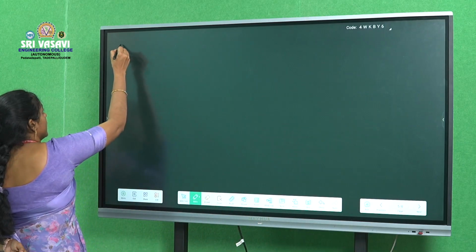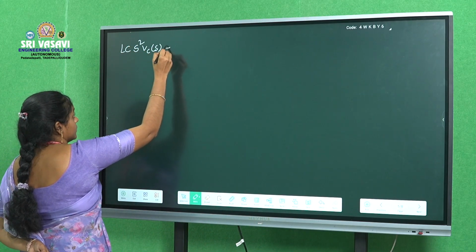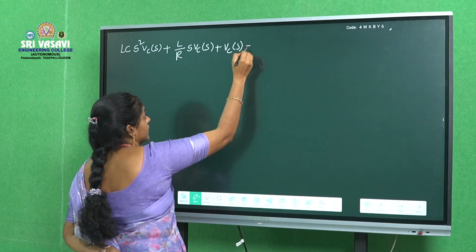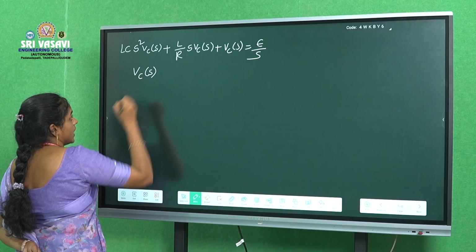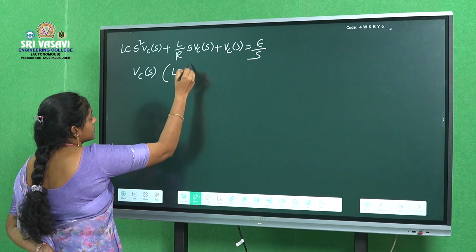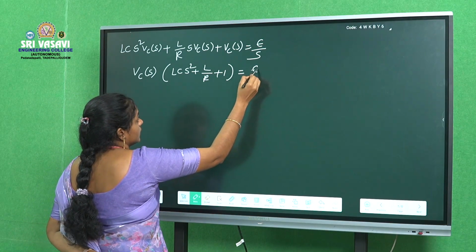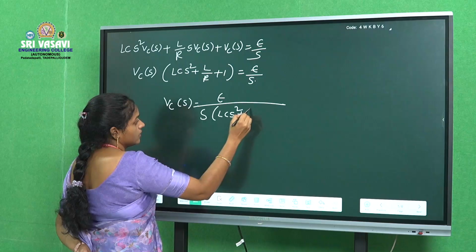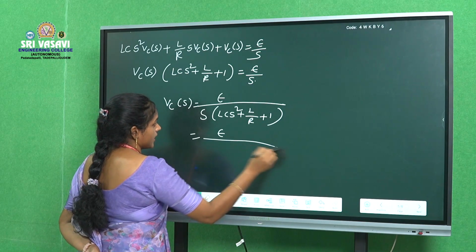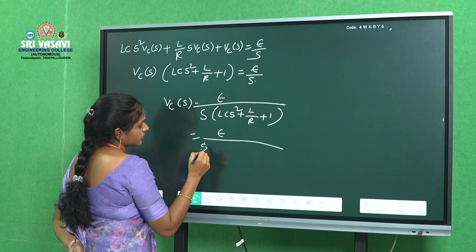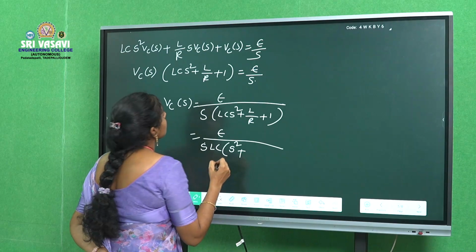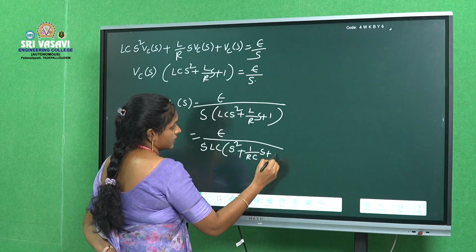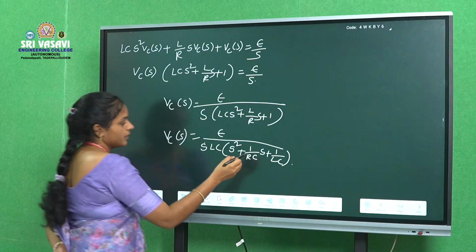Then we will get LC S square Vc of S plus L by R into S into Vc of S plus Vc of S equal to E by S. By taking Vc of S as common, we get (LC S square plus L by R S plus 1) Vc of S equal to E by S. So for Vc of S, by cross multiplying, taking LC as common, we get LC times (S square plus 1 by RC S plus 1 by LC). So here the roots of the denominator should be real.